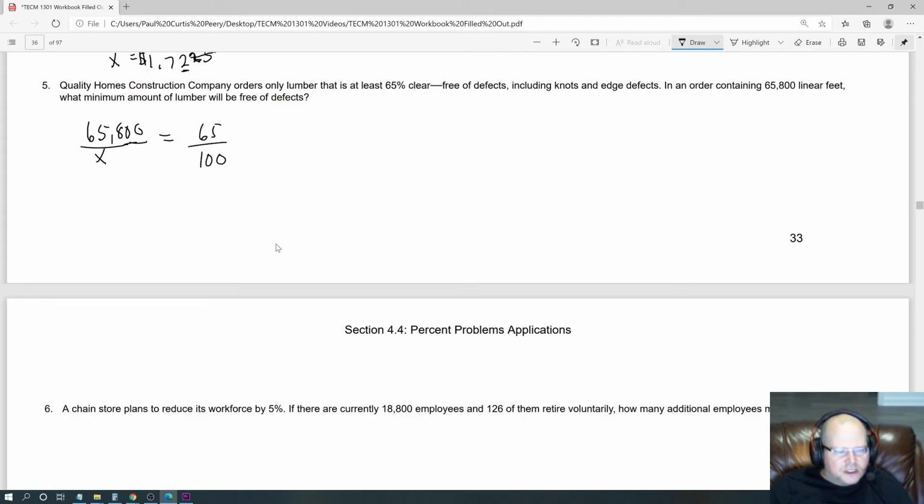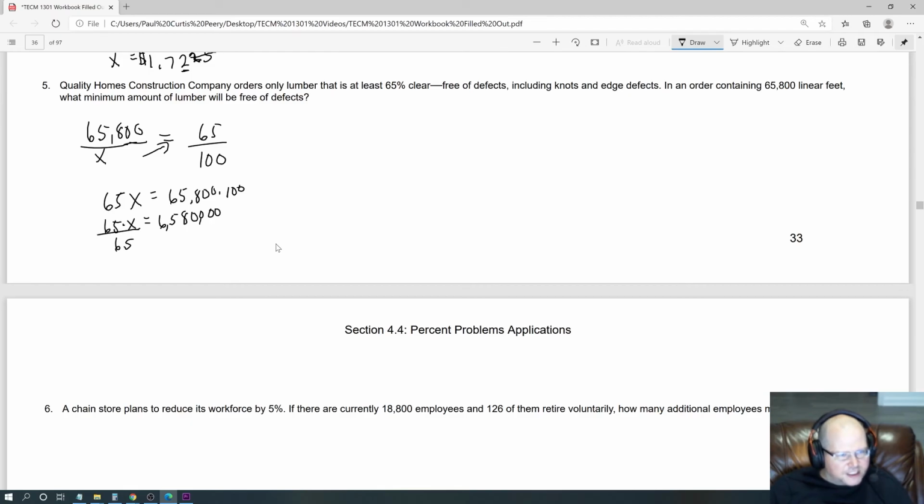We put that over the total and over 100. So we cross multiply. That gives me 65x is equal to 6,580 times 100, which is 658,000. Then we divide both sides by 65.